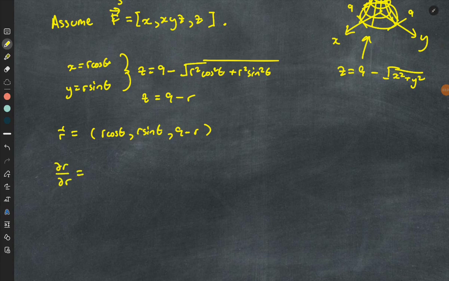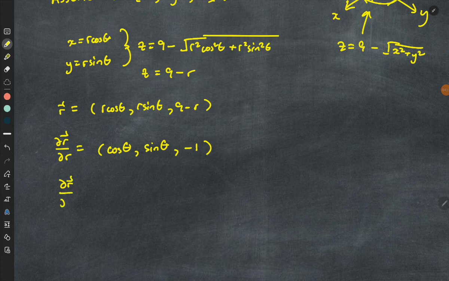It's going to look kind of weird, but we're finding the partial of r with respect to r, but just keep in mind that these are two different variables. If we differentiate the x component with respect to r, all we get is cos theta. The y component becomes sin theta, and the last component becomes negative 1. The 9 goes to 0, and the negative r just becomes negative 1. So that's our first partial.